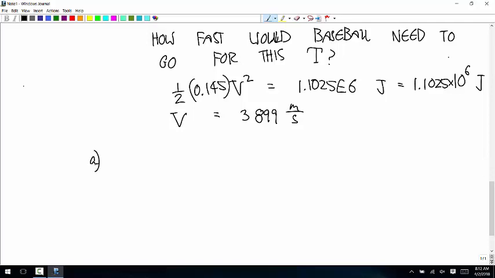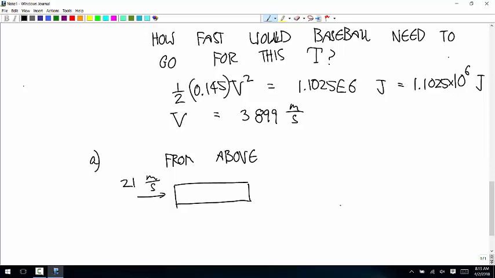So part A, the inelastic collision. We're going to think of it from above. Okay, so we have this train car going 21 meters per second, and it runs into this one that's at rest.